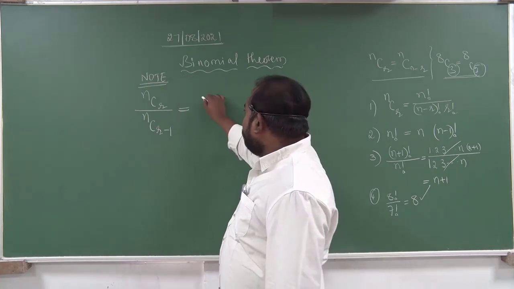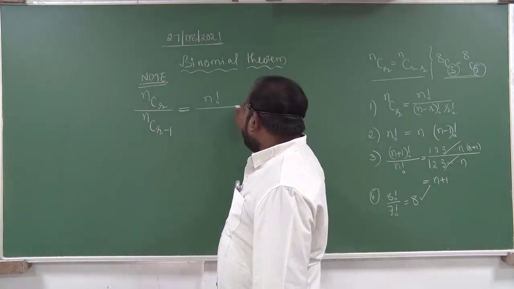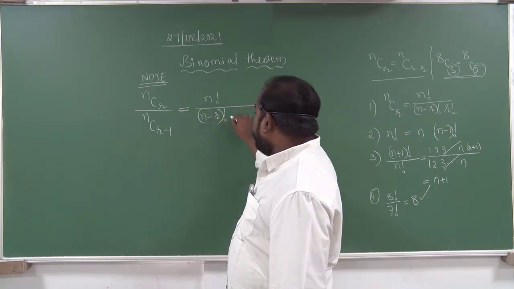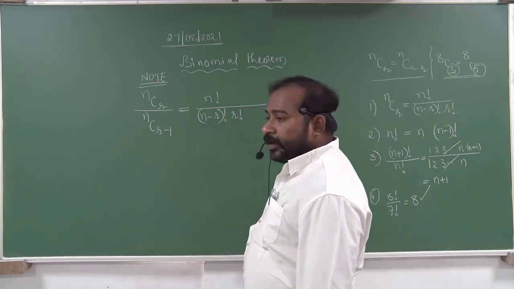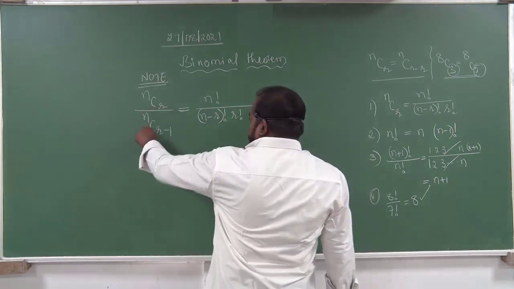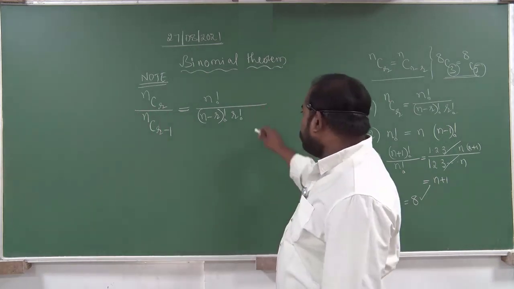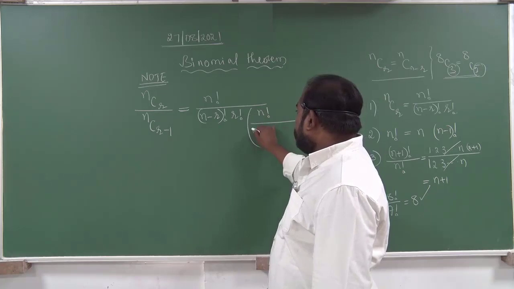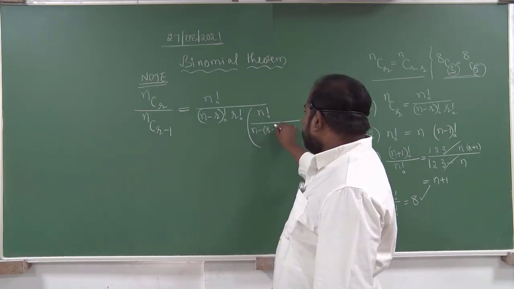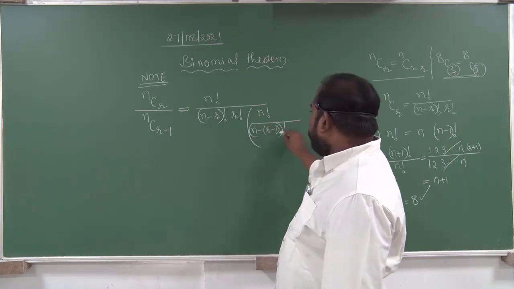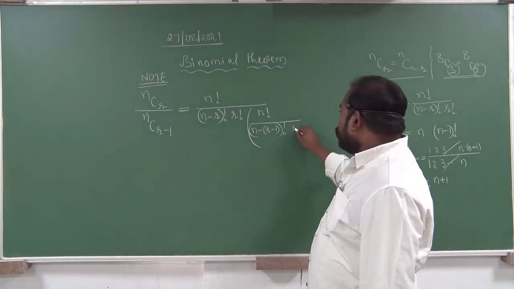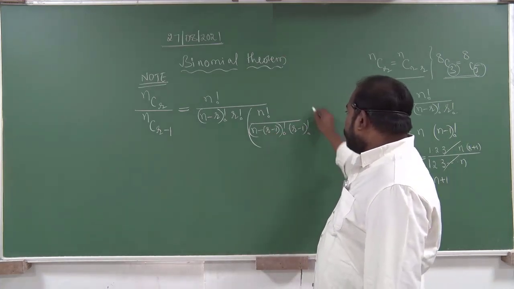What is the nCr formula? n factorial by (n minus r) factorial by r factorial. Next, nCr minus 1 means what will that value be? n factorial by (n minus r) factorial, of course, in place of r, r minus 1 is there, into r factorial.